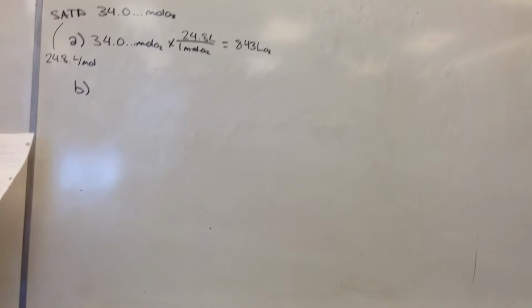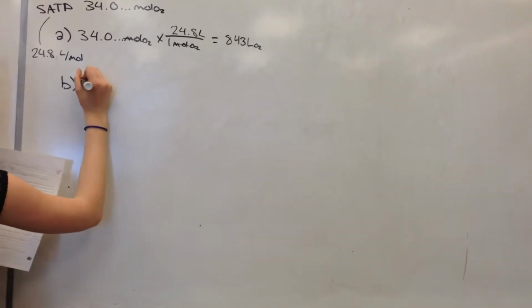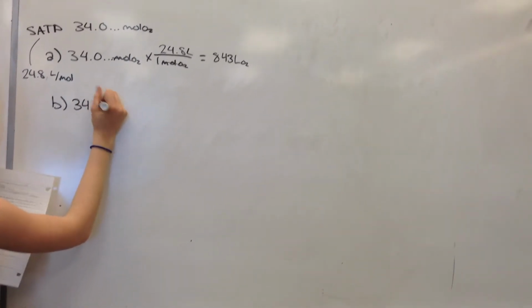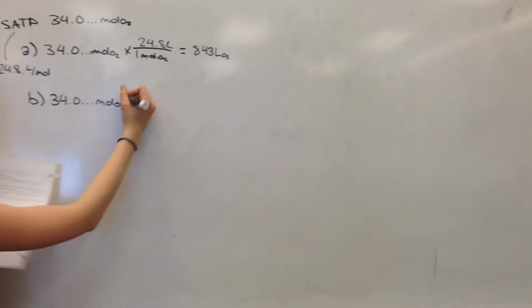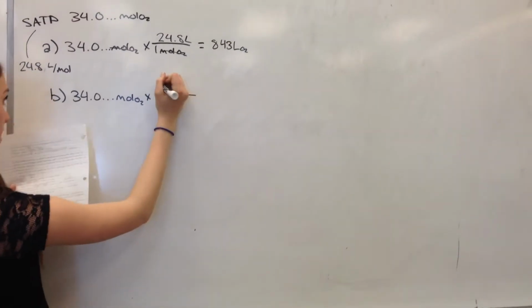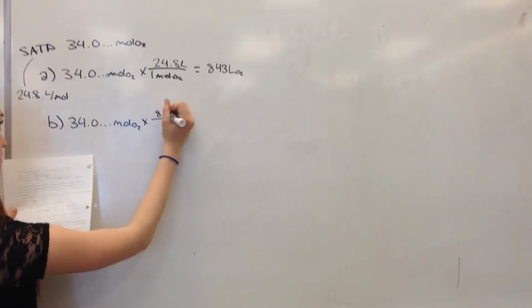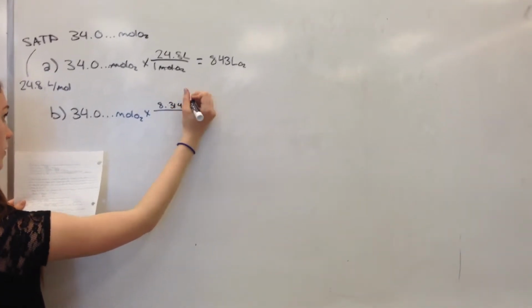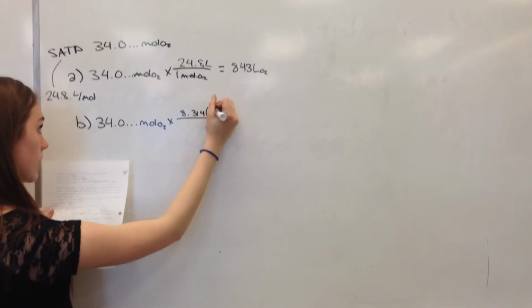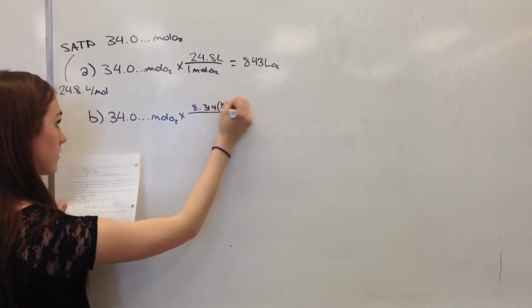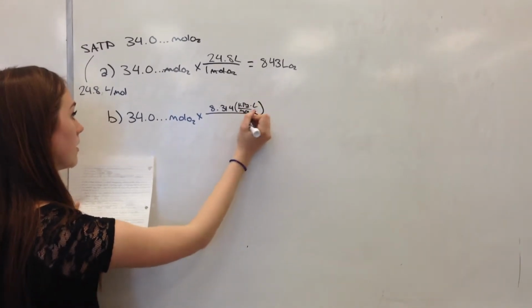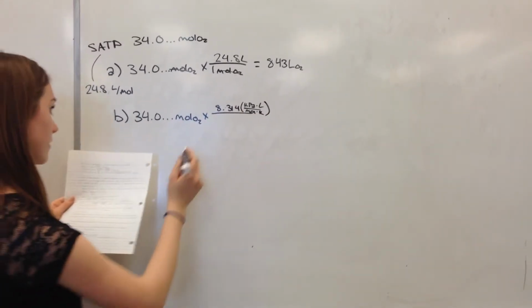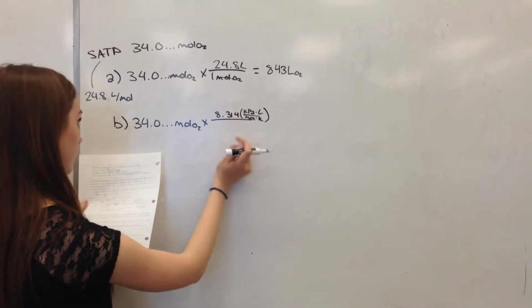Second way is using unit analysis. Since we already have the moles of oxygen, that's 1 step closer. And then we just use the ideal gas constant, which is 8.314 kPa times L over moles times Kelvin.